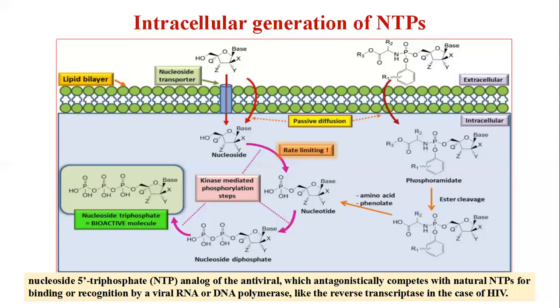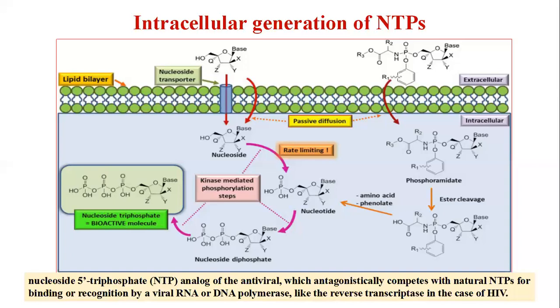When the nucleoside is converted into a nucleotide, a triphosphate molecule, then that particular molecule will be active. That is what is called a bioactive molecule. Here in green you can see the bioactive nucleoside triphosphate inside the intracellular compartment of the host cell.